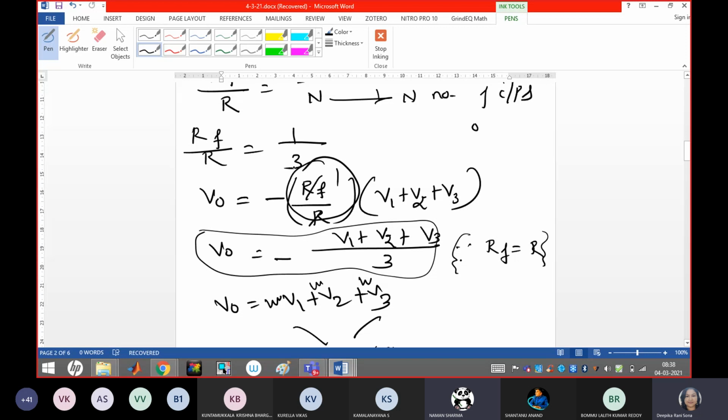Minus V1 plus V2 plus V3 up to Vn. Same thing. How do you know that? V not equals minus Rf by R1 V1, this equation. And all are equal at that time. So at that time what should I write? Rf equal to R, I have to write or not? Yes, that is the thing behind the concept.